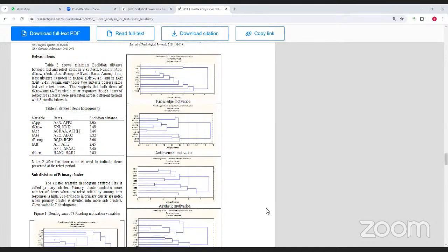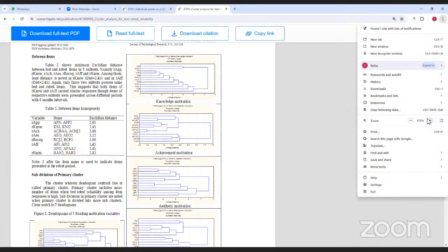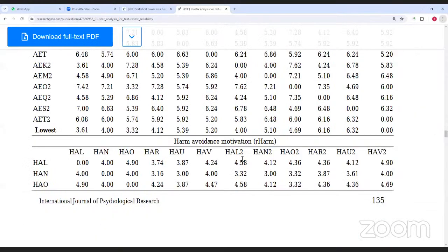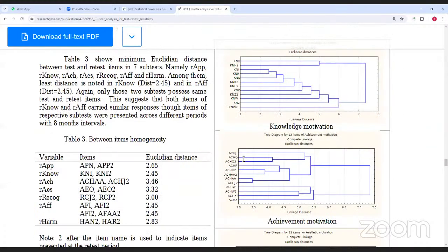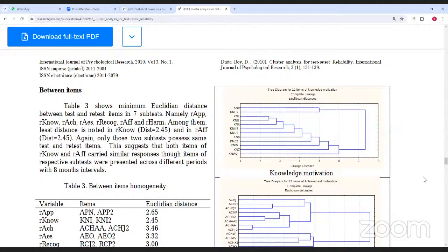Yeah, this is the dendrogram. Here you can find out what the dendrogram indicates related to the knowledge motivation. You will find that the items are close to each other, following the test and retest item.